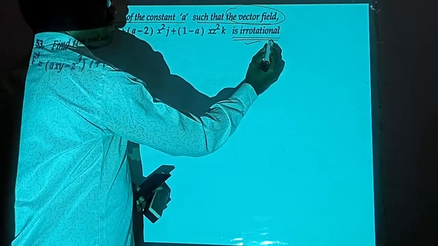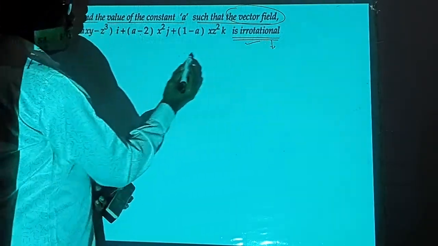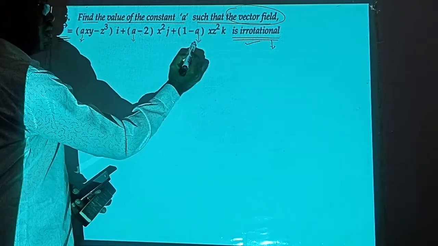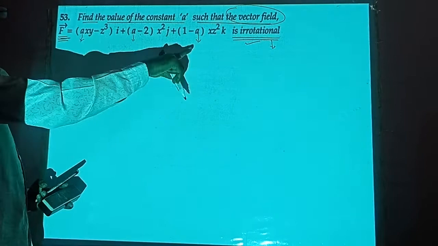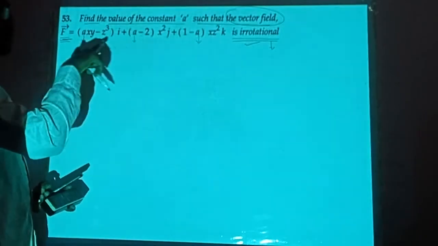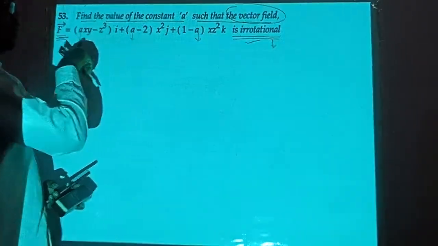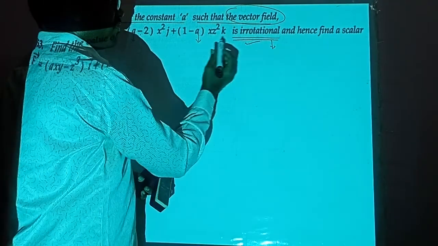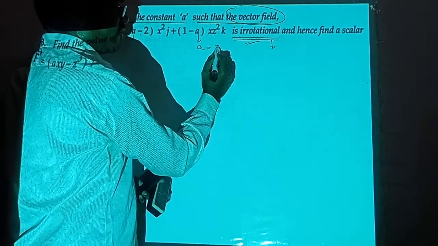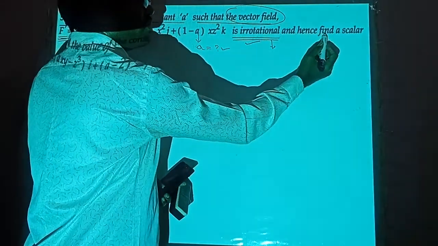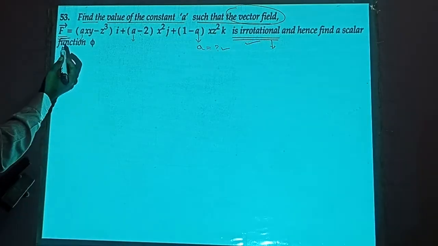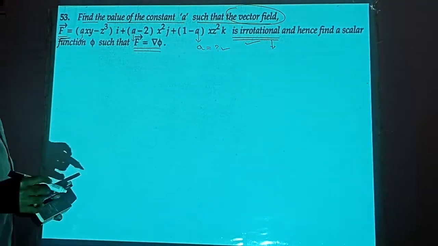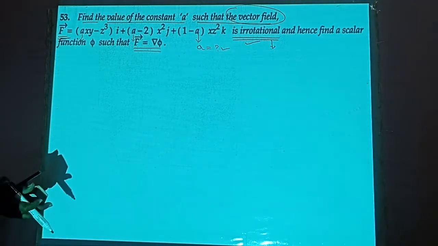Only thing, if this is irrotational, find the value of A. If this vector satisfies curl F is equal to 0, then what should be your value of A? We need to find. And then what else? After finding the value of A, hence find a scalar function phi such that F is equal to del phi. We need to find phi also.